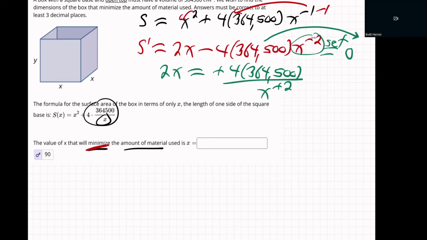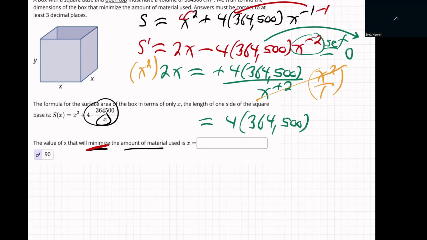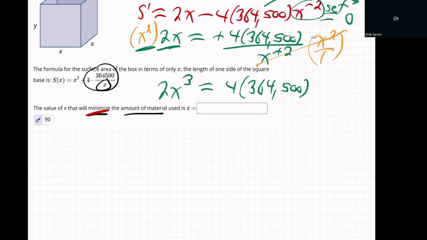What should we do? Well, I'm going to multiply by x squared on both sides. It cancels out here, and we have 4 times 364,500. Over here, x squared times 2x gives 2x cubed. Still solving for x.